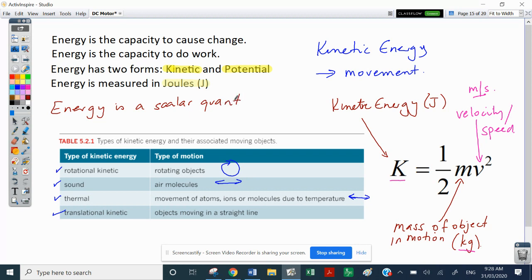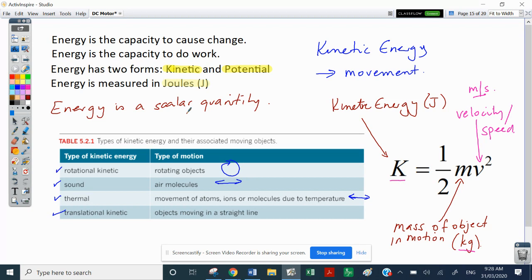So it's a scalar quantity. Making sure that I'm spelling it right. It's not a vector, even though velocity over here was a vector. It ends up that kinetic energy, or all forms of energy, are in fact scalar quantities.